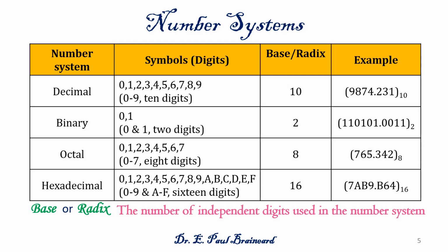Hexadecimal number system has 0 to 9 digits and alphabets A to F, a total of 16 digits. Therefore, the base or radix of hexadecimal number system is 16. Once again, the definition of base or radix: base or radix is defined as the number of independent digits used in a particular number system.